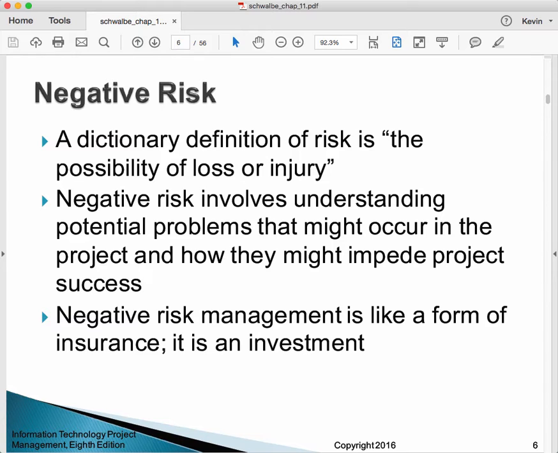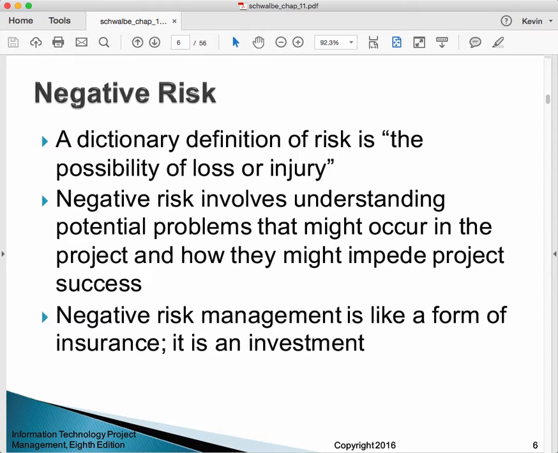So when people talk about risk, they usually are talking about this negative side, and we refer to that in the formal work on risk as negative risk. In fact, the dictionary definition of the common English word says the possibility of loss or injury. So the dictionary meaning of risk does have this negative risk connotation.